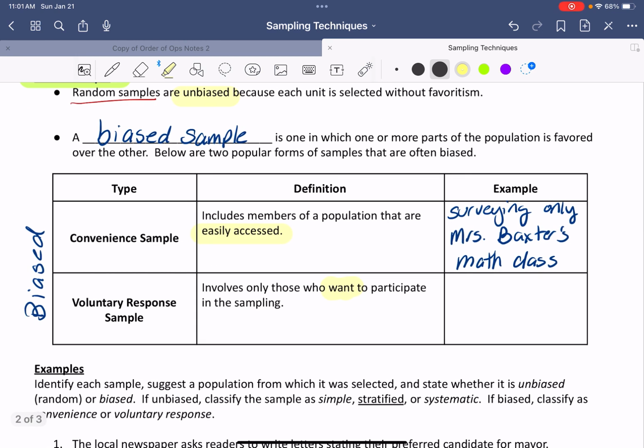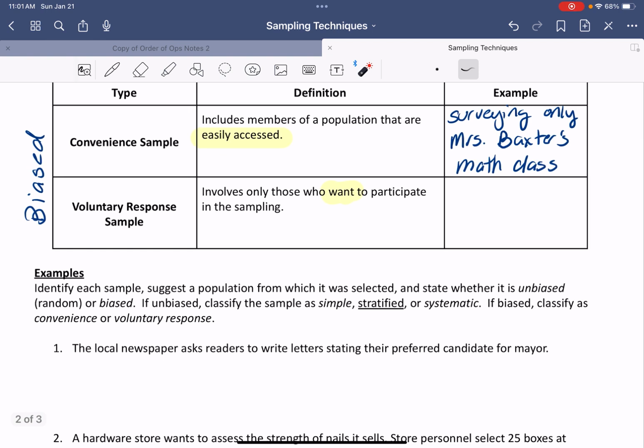This is going to be favoritism, because they're only calling the people that will voluntarily answer, which is usually the people who are part of their party, right? So be careful. This is where it's important for you to know where the information comes from, who did the surveying, and how they collected the data.